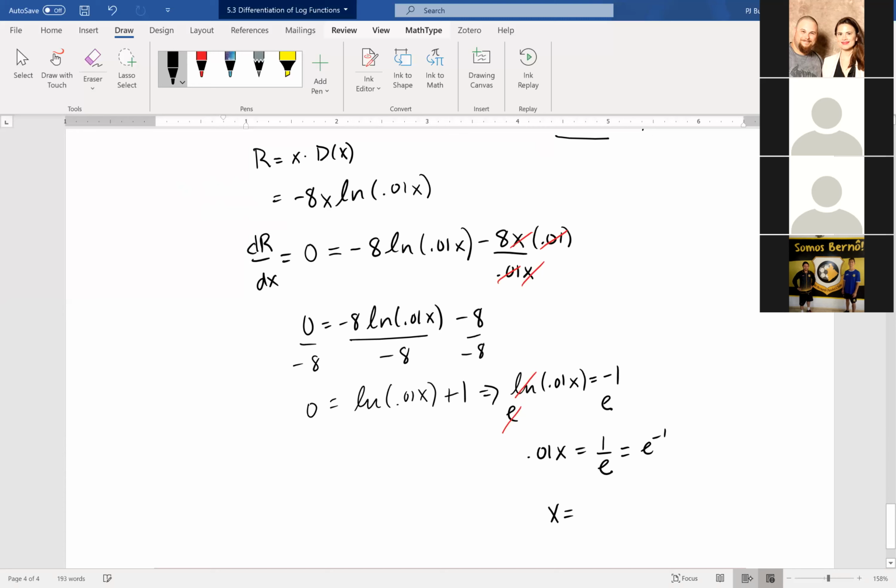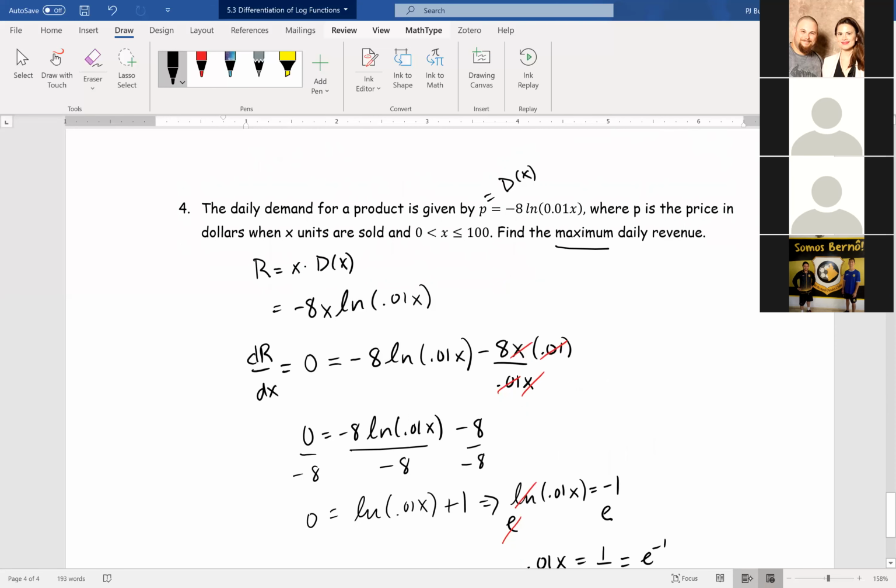And finally, x is equal to, I'm going to leave it as this. Comes out as 36.79 or approximately 37, which thankfully fits within the domain.